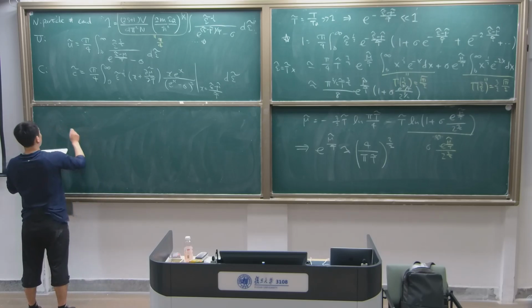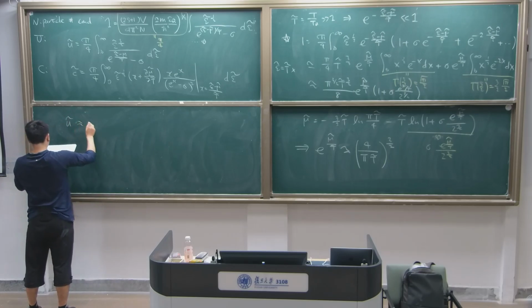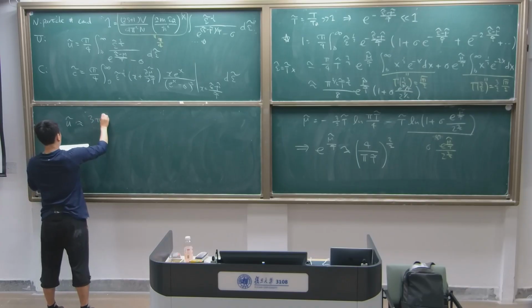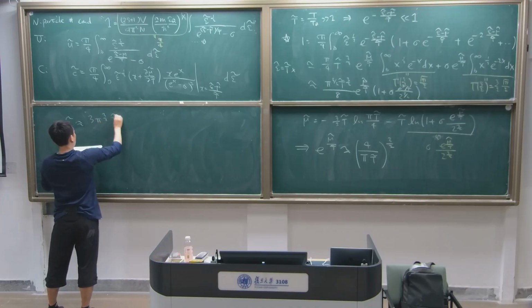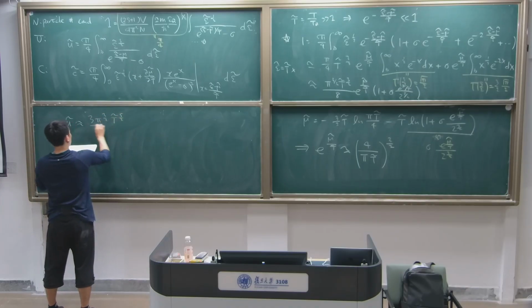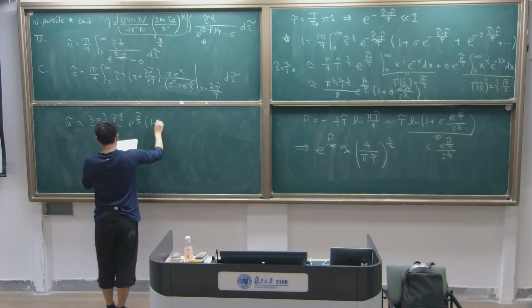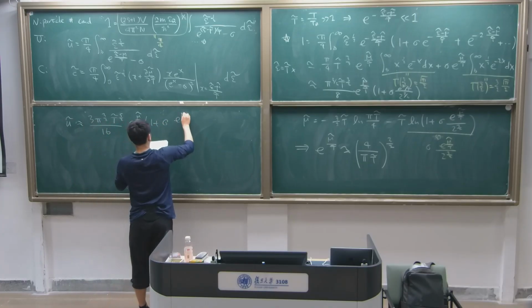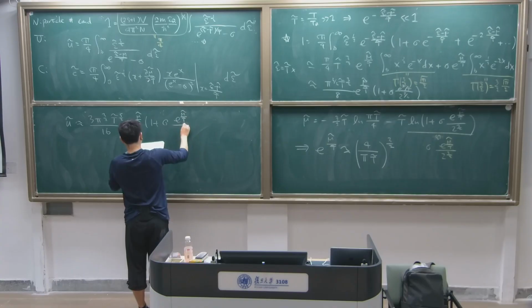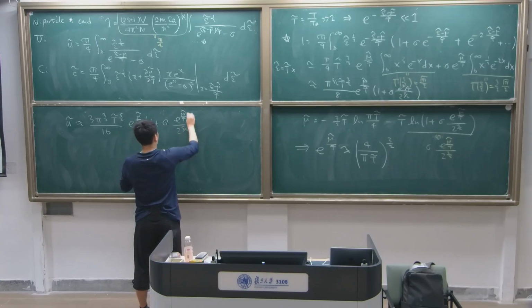So the computation is exactly similar. Utility is roughly speaking 3 over 2, utility 5/2 divided by 16, e to the utility over t tilde, 1 plus sigma e tilde over t tilde, divided by 2 to 5/2.